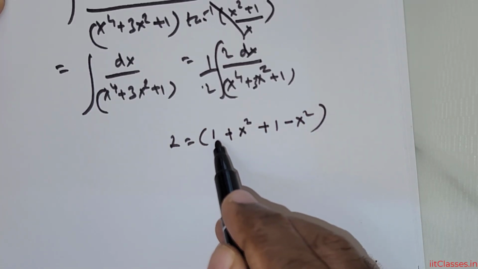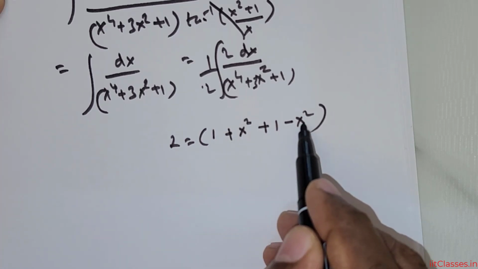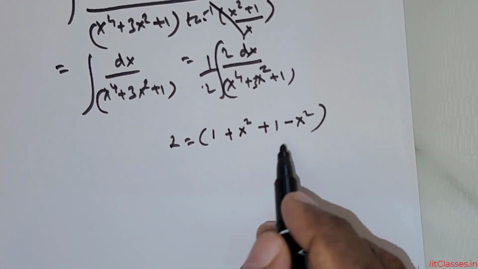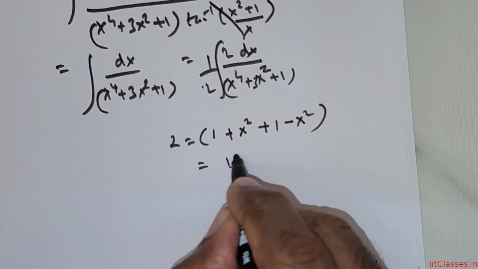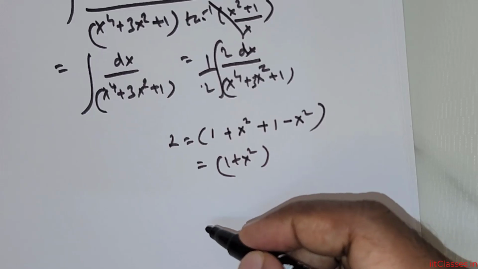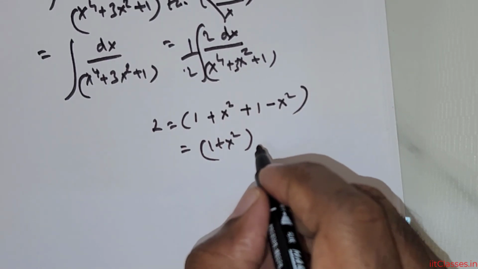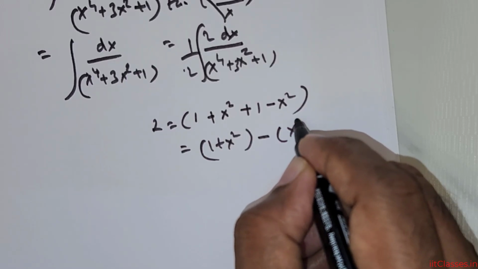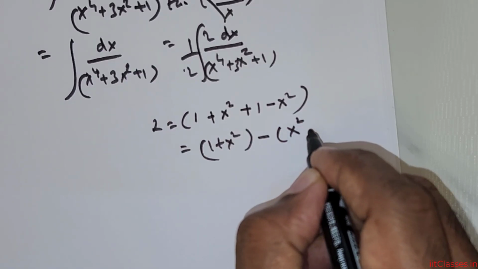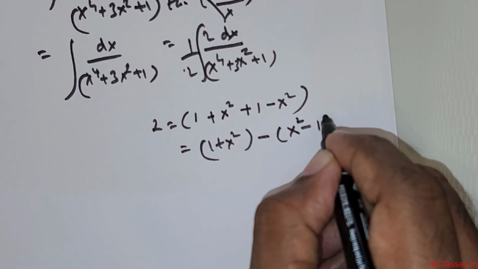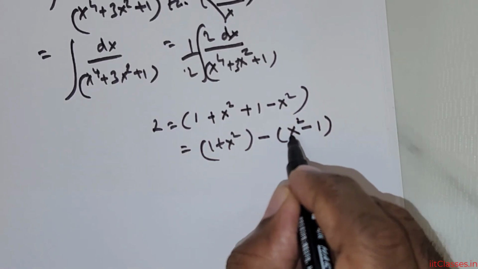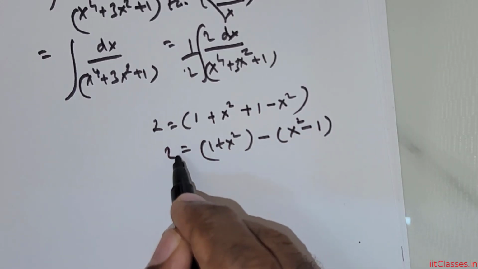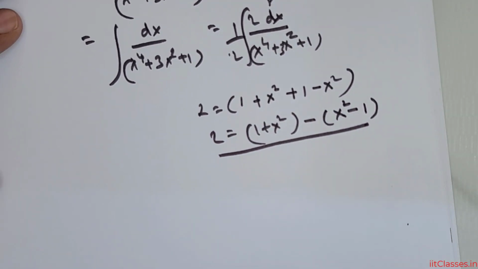So 1 added with 1 will give me 2. x² added with the negative x², they get neutralized. So 2 will be written like this. Next, I'm going one step further. I'm going to rewrite this as 1 + x². I'm going to take the negative sign out and rewrite this as (x² − 1). Negative times x² will give me negative x², negative times negative 1 will give me positive 1. So it's the same 2.